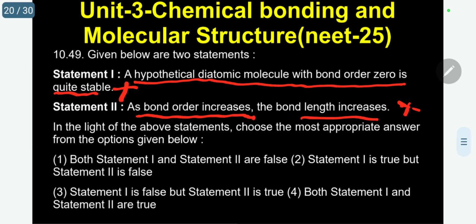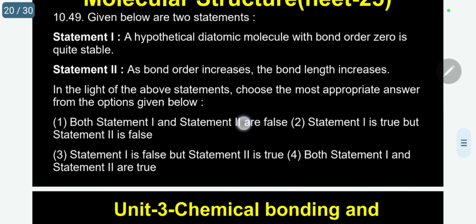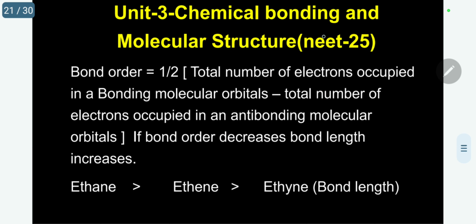Let me explain the relation between bond order and bond length. I will explain, then I will come back to the question. Please follow: bond order equals 1/2 times the total number of electrons occupied in bonding molecular orbitals minus the total number of electrons occupied in antibonding orbitals.